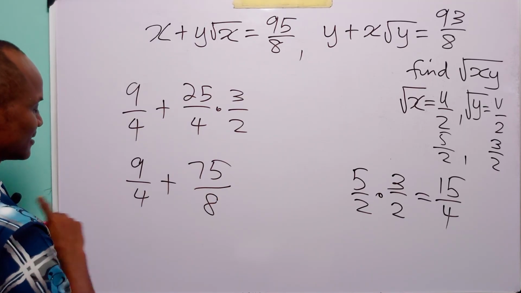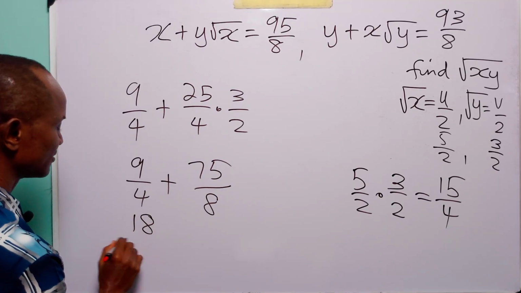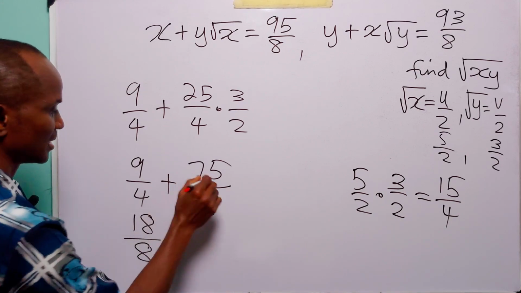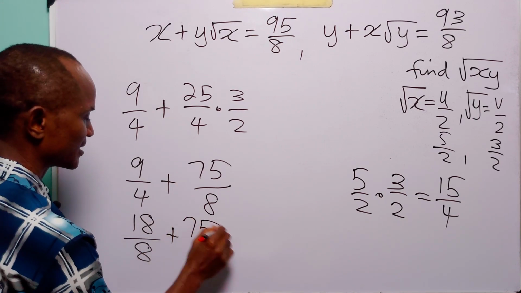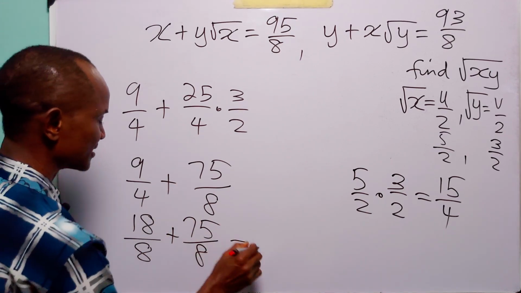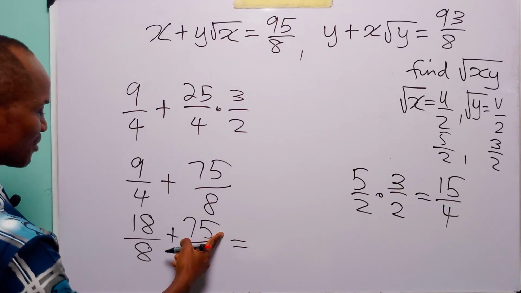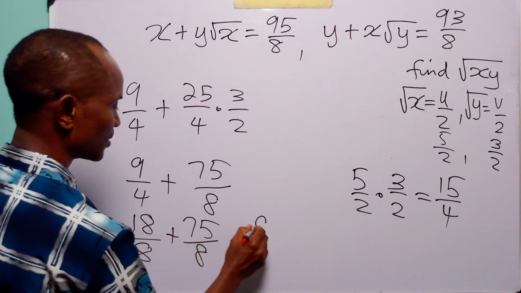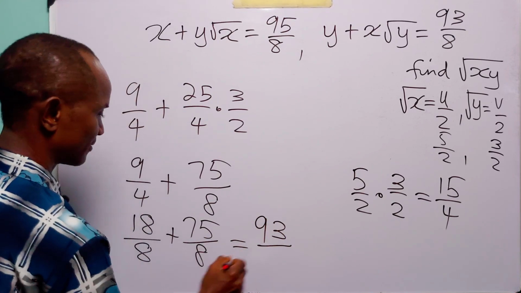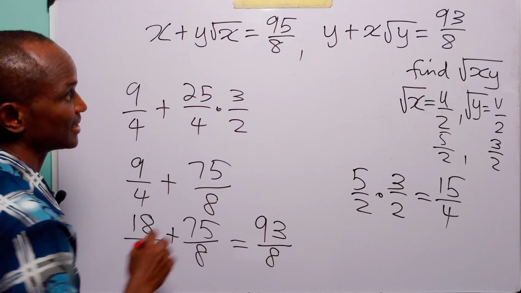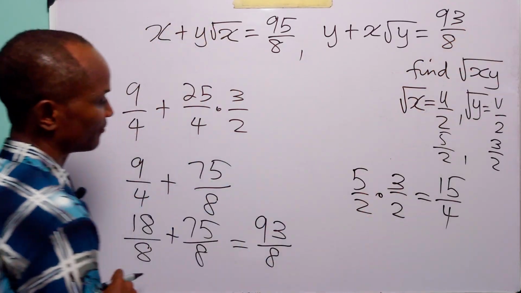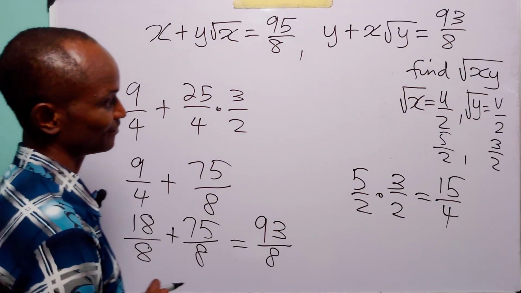Once more, we can write this as 18 over 8. This remains 75 over 8. 18 plus 75 is equal to 93. And this is over 8, which is exactly what we have on the right-hand side.